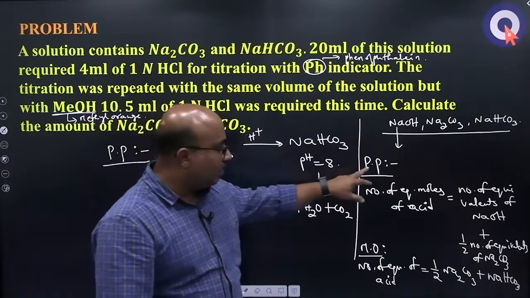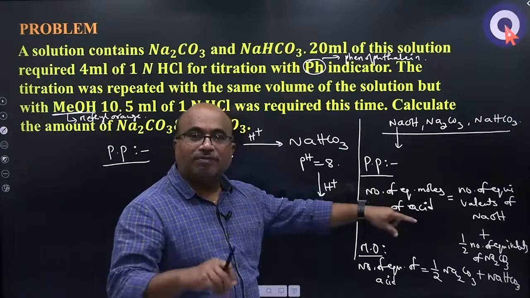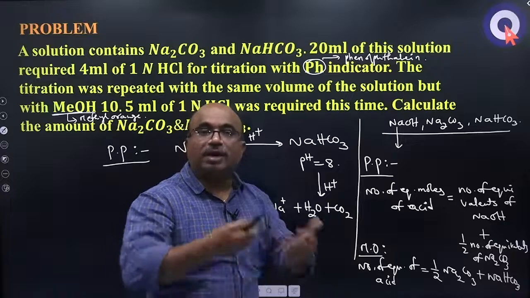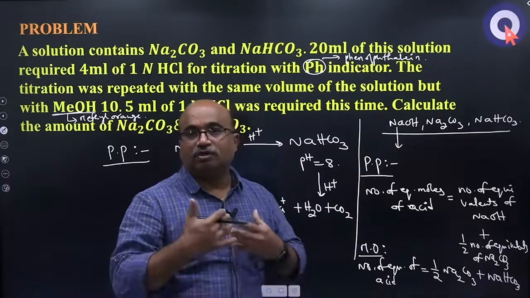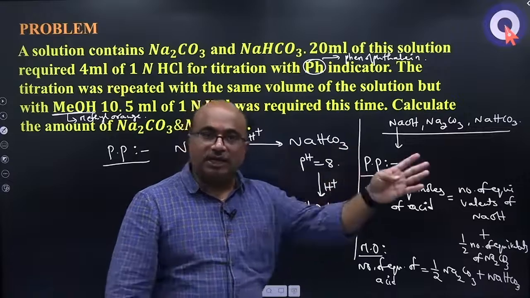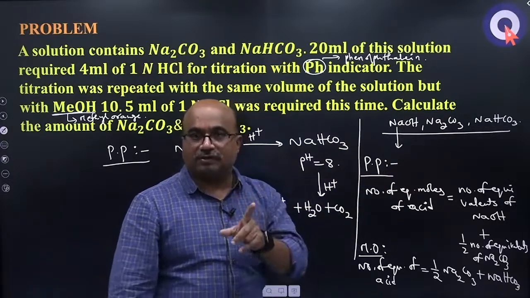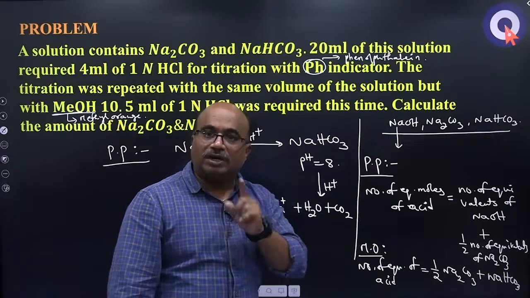When phenolphthalein is added, sodium hydroxide is neutralized completely, but bicarbonate is only half consumed. Then when methyl orange is added to the same titration, it is a 2 indicator titration. So for the neutralization of the mixture of all 3, we have to take 2 indicators. Clear?